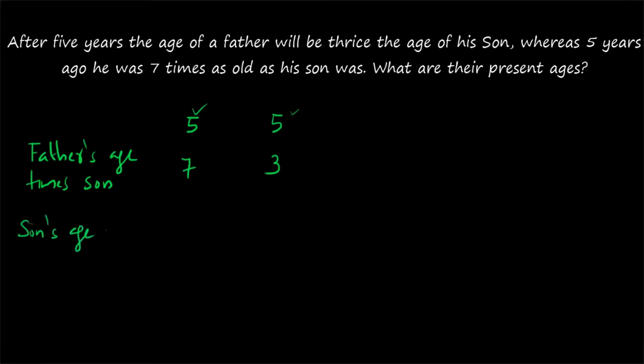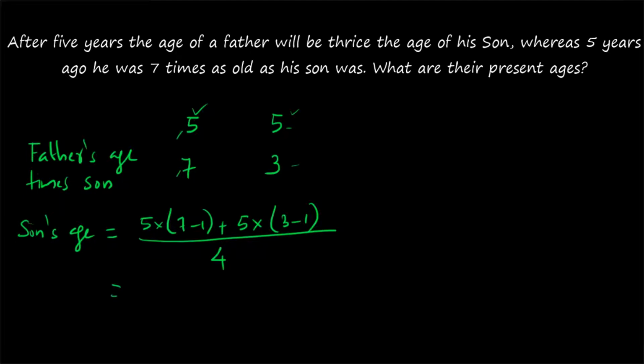You will get only the present age from the formula that you have to remember. So son's age will be equal to 5 into 7 minus 1 plus 5 into 3 minus 1. You just remember that it is t into x minus 1. So 5 into 7 minus 1 plus 5 into 3 minus 1, and you have to take the difference, 7 minus 3 is equal to 4.